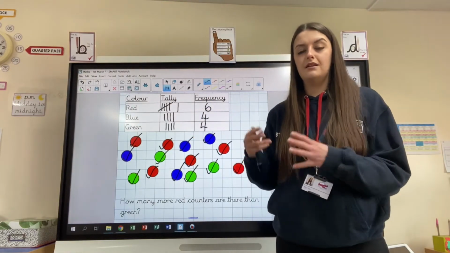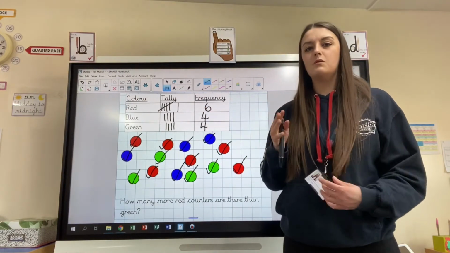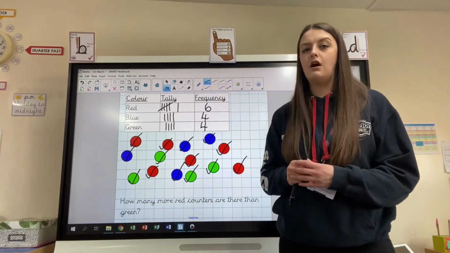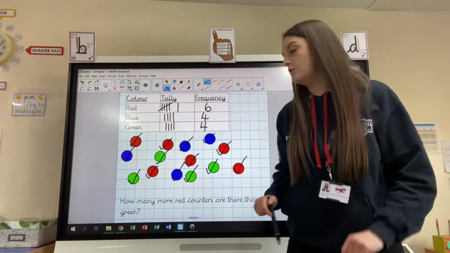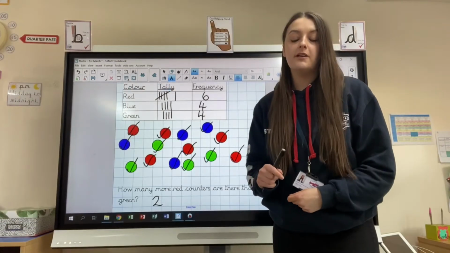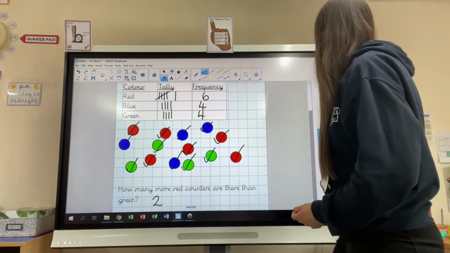I can understand and interpret the 6. There's only 4 greens. What's the difference between those 2 numbers? How many more red counters are there than green? 4, 5, 6. There's 2 more, okay? So that's just one similar question to the question that you've got on your page 52 for today.